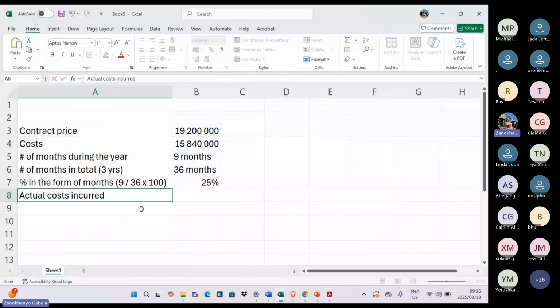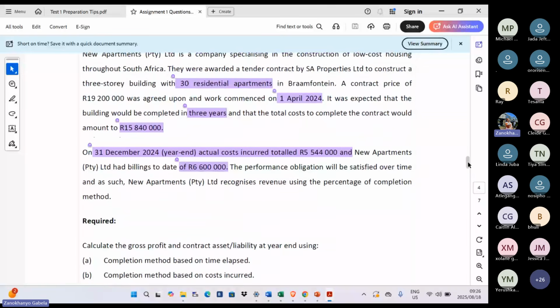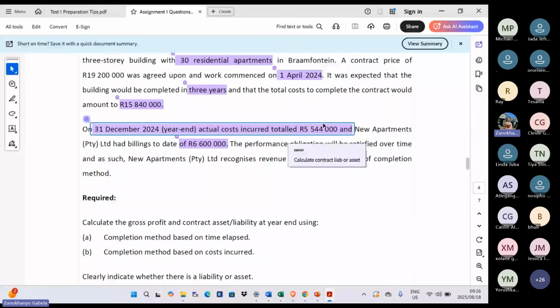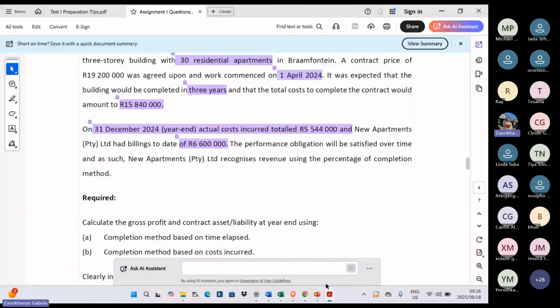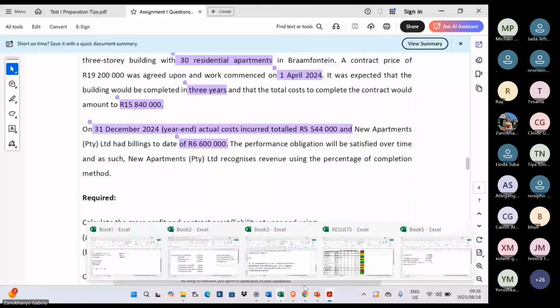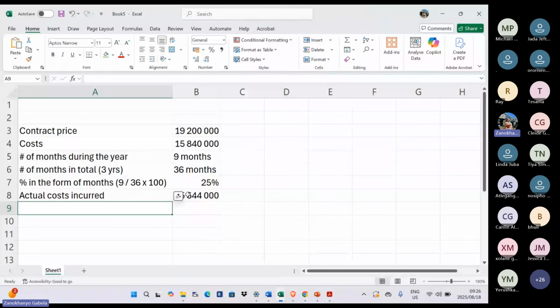Right. And then let's talk about the costs, the actual costs incurred. Let's check that one out. The actual costs incurred is 5,544. Okay, perfect. And then now this percentage in the form of costs.